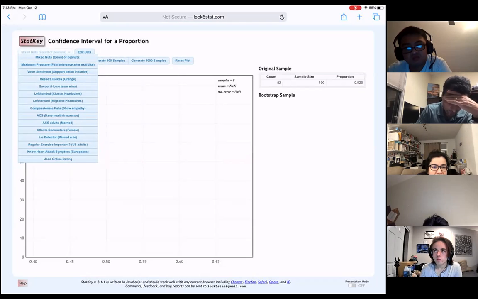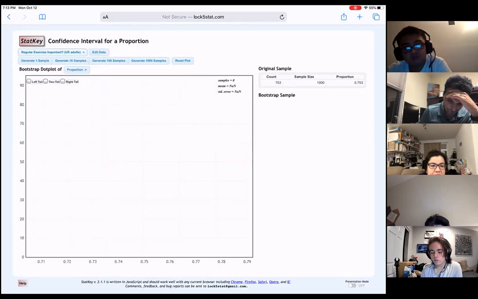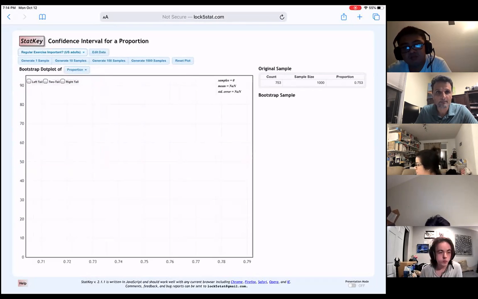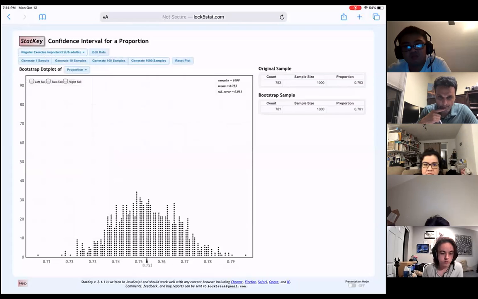Do we have it here? Regular exercise, it's like the third from the bottom. Yes, thank you. So I loaded it. We have 753 sample size. Generate 1,000 samples, we get this, correct?